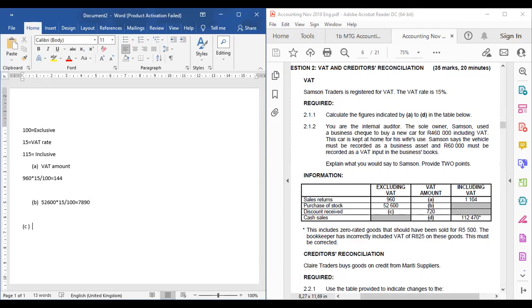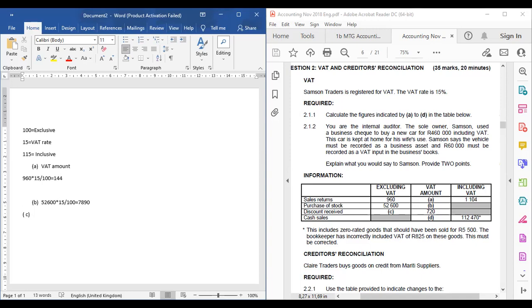And then on C, there's discount received, right?